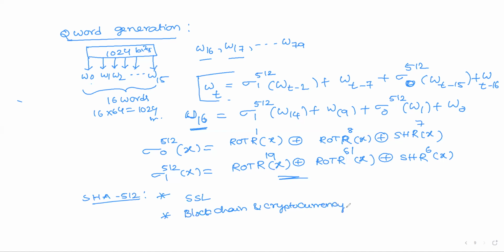Why do we use this here? To provide integrity of the data and authentication. Anyway, you know that a hash code is mainly for maintaining the authenticity and integrity of the data. Next, password hashing mainly.